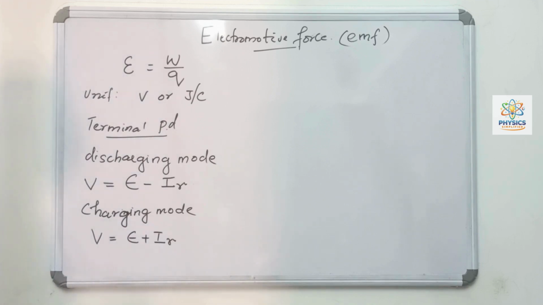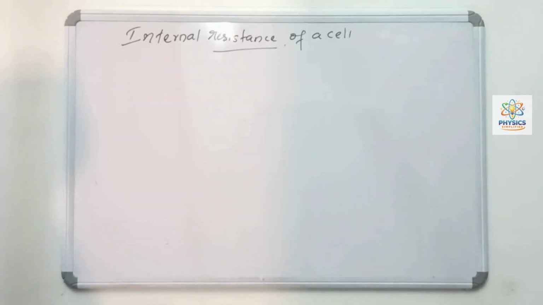And the second important point is the electromotive force is independent of resistance of the circuit, internal resistance of the cell and current in the circuit. But at the same time, the terminal potential difference depends on the resistance of the circuit, the internal resistance of the cell and the current in the circuit.